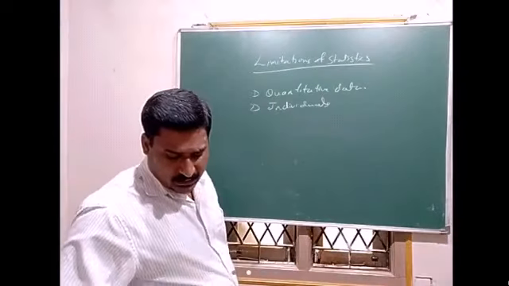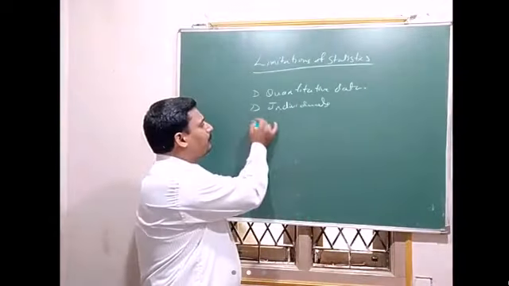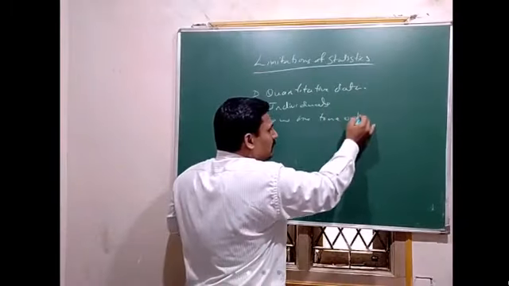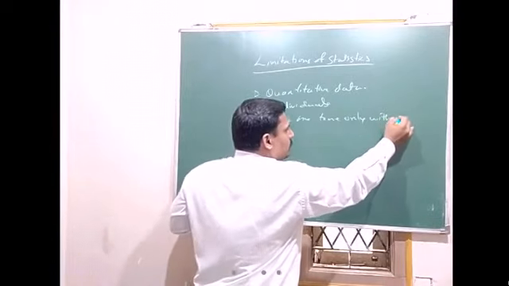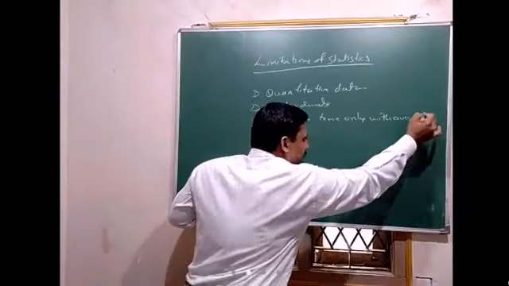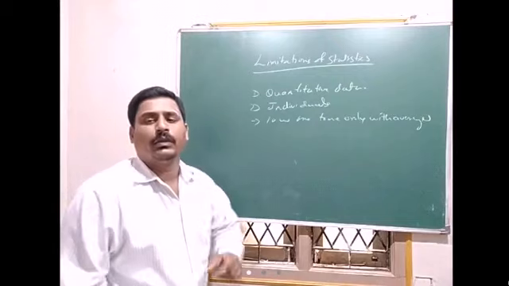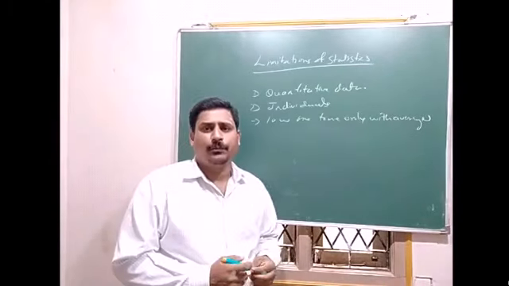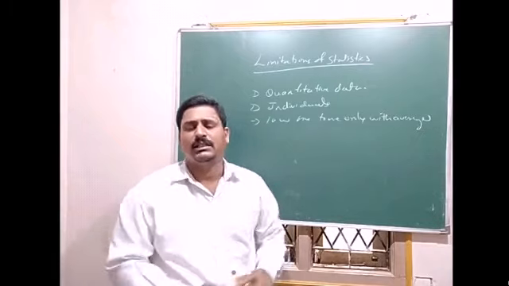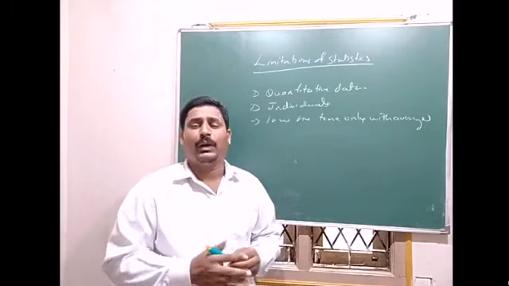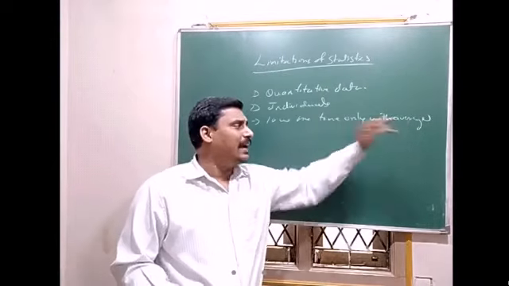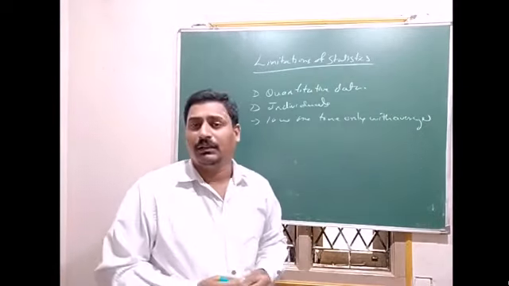And the next: statistical laws are true only with averages. What does it mean? Whatever statistics tells, whatever rules it gives, whatever interpretation it gives, they are true only with the averages calculated by it.